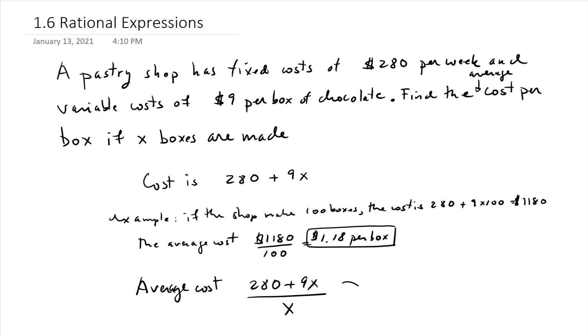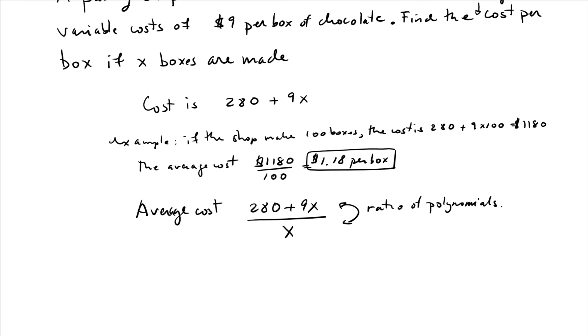So what you end up with here is a ratio of polynomials. This is a simple commerce problem, and already we've got polynomials, and actually we've got a division of polynomials. So it's a ratio of polynomials, but another name for it is a rational function.